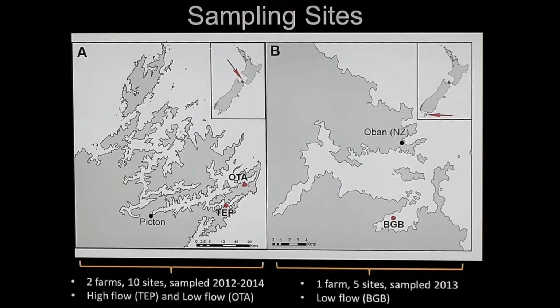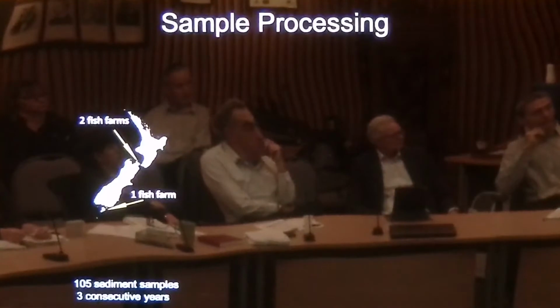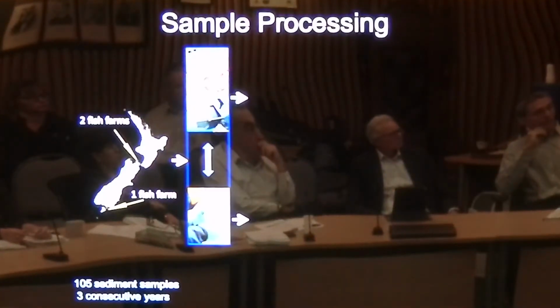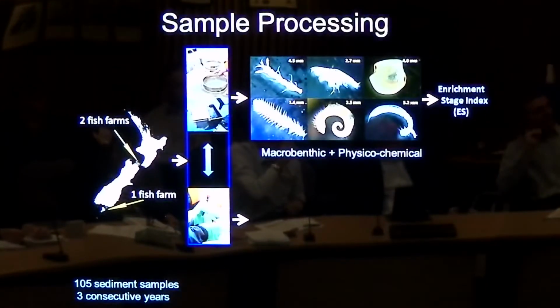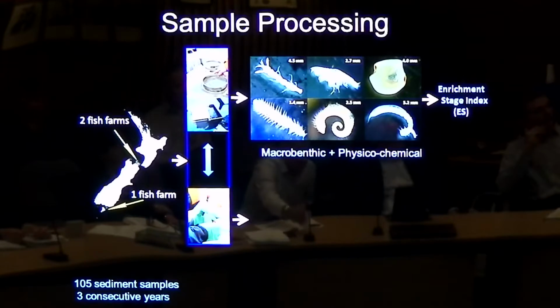The process was essentially collecting all the sediments, 105 sediments, and we processed 2 different analyses. On the one hand, the traditional approach, using microscopy to identify invertebrates and generate the enrichment stage index.